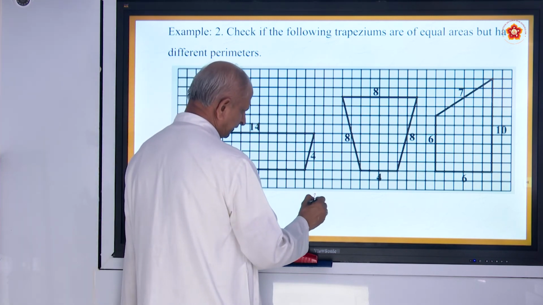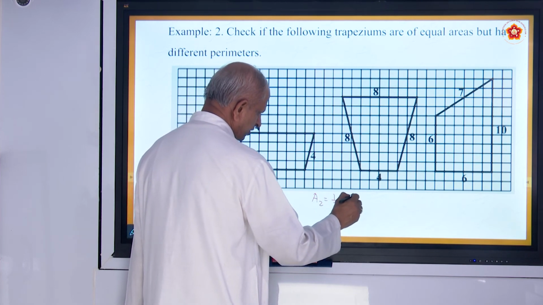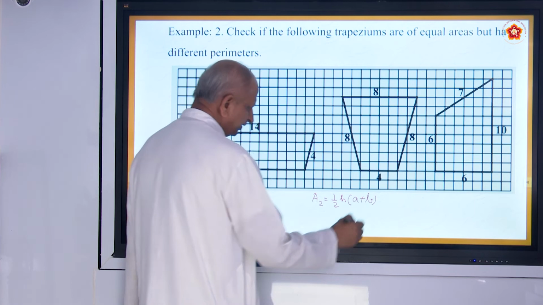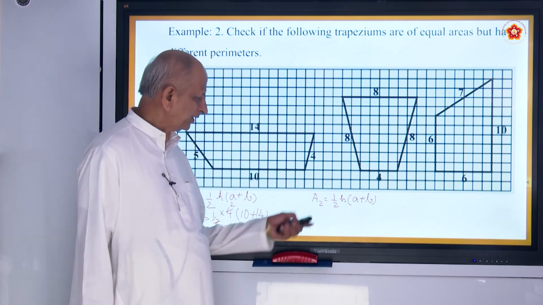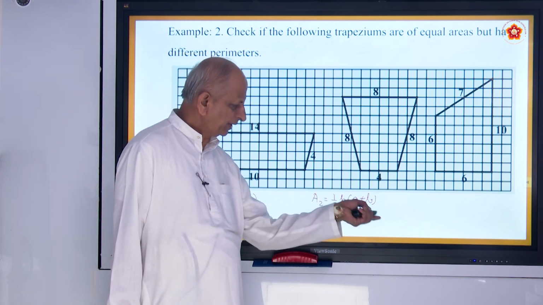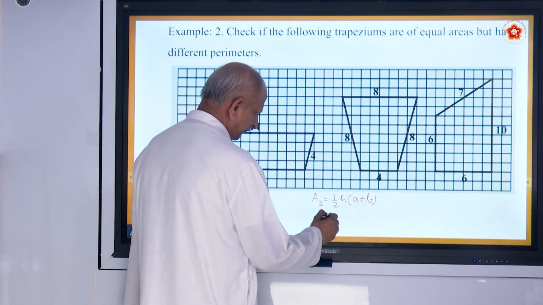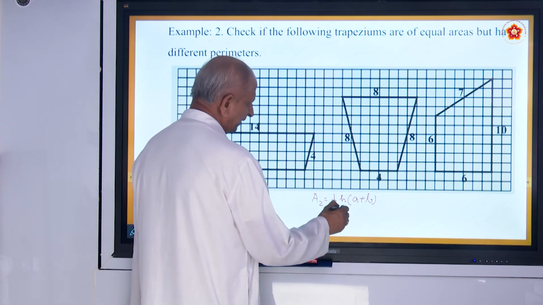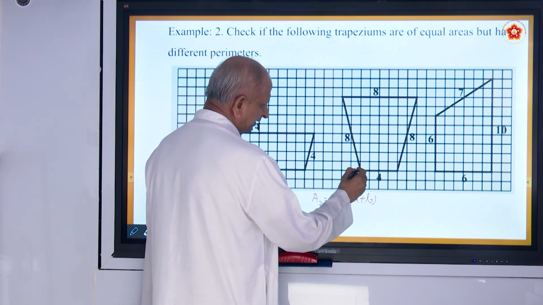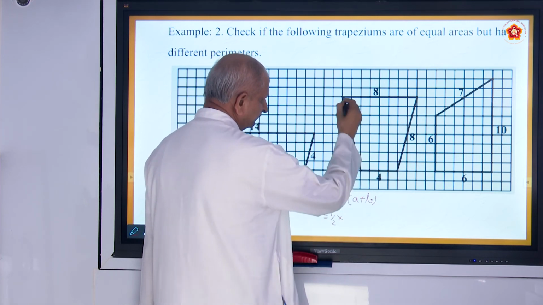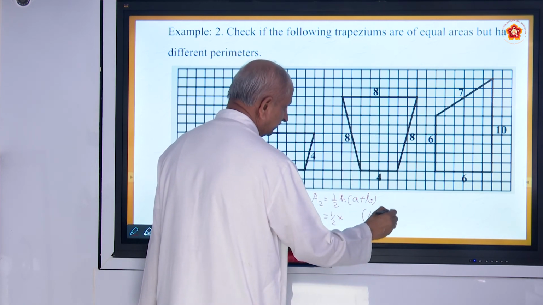Coming to second trapezium, we call it A2. Half of H into A plus B. What is H? Perpendicular distance or height it is called, or you can also call it altitude. What is A and B? They are parallel sides. So, half of, come on, what is H? Here you must know what are the parallel sides. One side is 4 and that is 8.